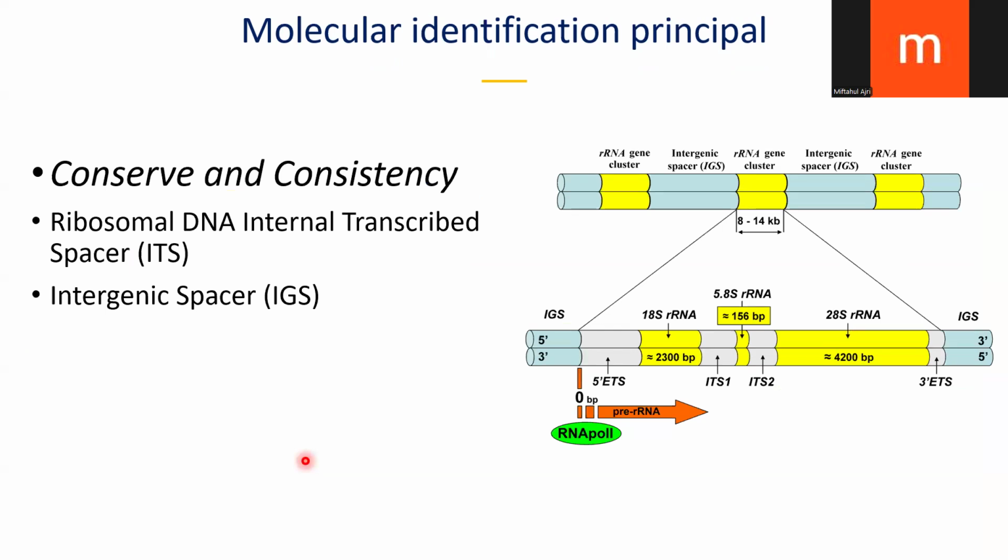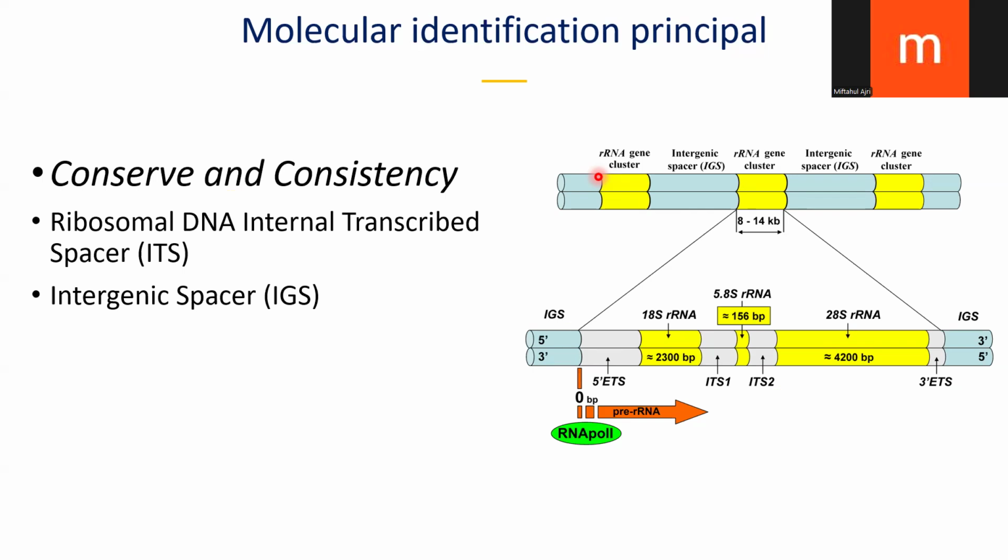So for the molecular identification principle, the principle is about conservation and consistency. There are regions in our gene that are consistent in the organism, that do not change, even with environmental conditions or other conditions.